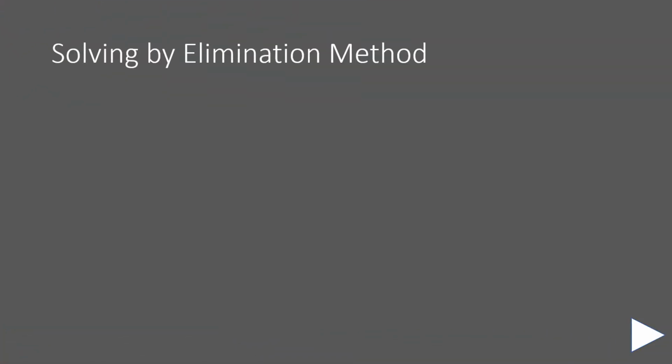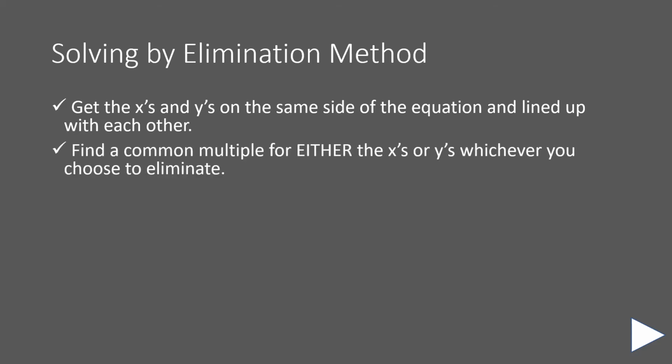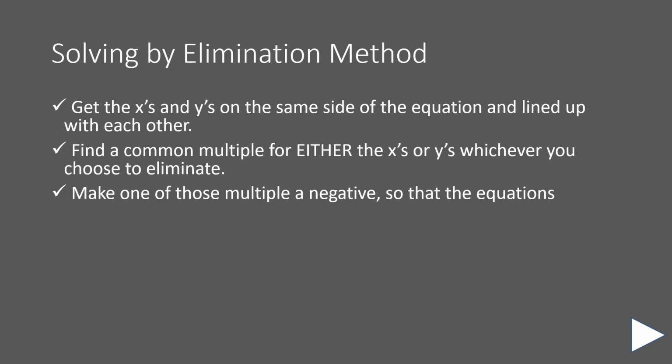The next method is solving by elimination. Now you have to get the x's and y's on the same side of the equation and find the common multiple of either the x or y, whichever we are trying to eliminate.